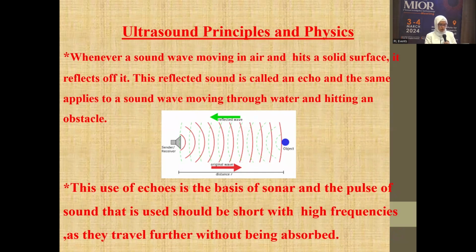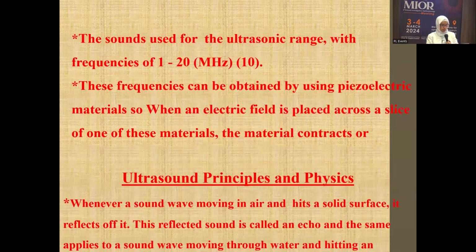This reflected sound is called an echo. And the same applies to a sound wave moving through water and hitting an obstacle. This use of echo is the basis of ultrasound, and the pulse of the sound that is used should be short with high frequency, as they travel further without being absorbed.